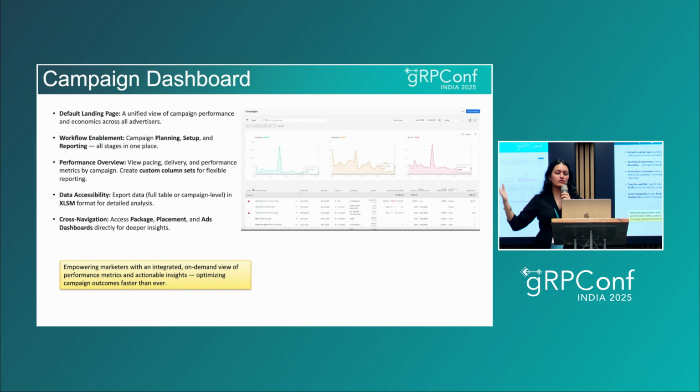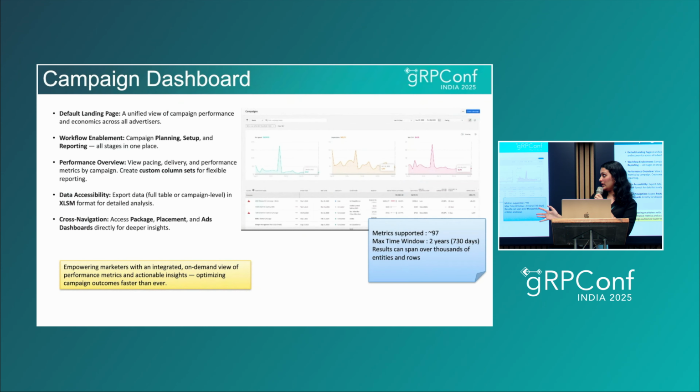This dashboard also gives customers the flexibility to create custom column sets so that they can view whatever metrics they like, and they can export the entire data in XML format for detailed analysis and to get raw data. And more importantly, from this campaign dashboard, users can access package, placement, and ad dashboards for deeper analysis.